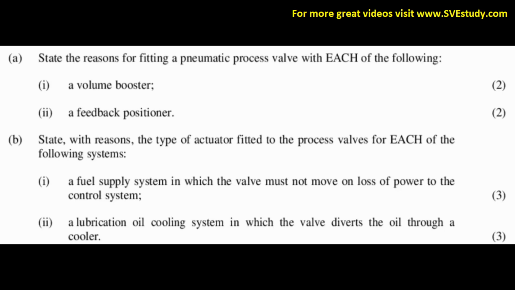A fuel supply system in which the valve must not move on loss of power to the control system. 2. A lubrication oil cooling system in which the valve diverts the oil through a cooler.